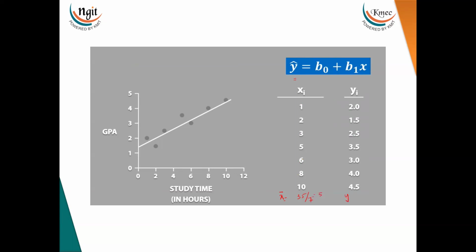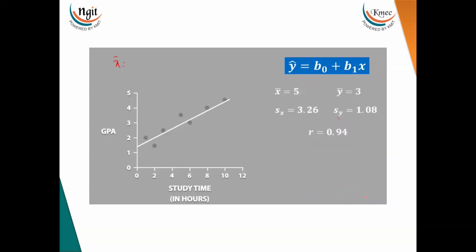And for y bar, adding these we get 21, and 21 divided by 7 gives 3. Now, similarly, Sx. What is the formula for standard deviation? It is the square root of sigma xi minus x bar whole square divided by n.